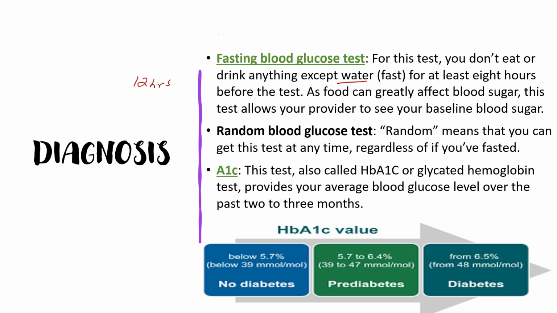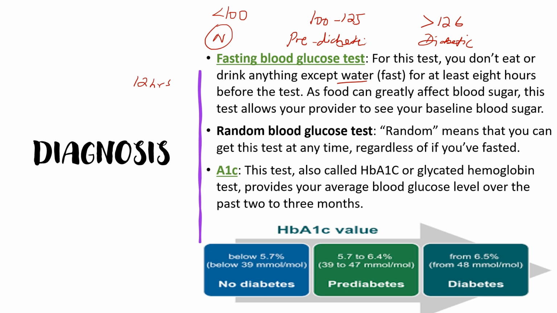In a normal person, the blood sugar levels should be less than 100. In a pre-diabetic person, these levels will be between 100 to 125. But if they are more than 126, this means that you are diabetic.